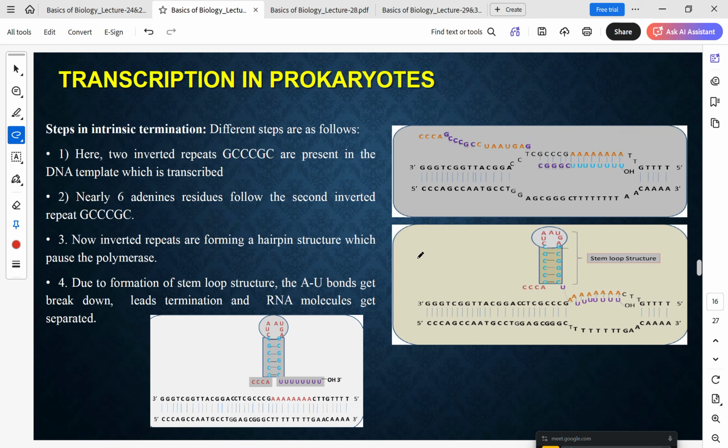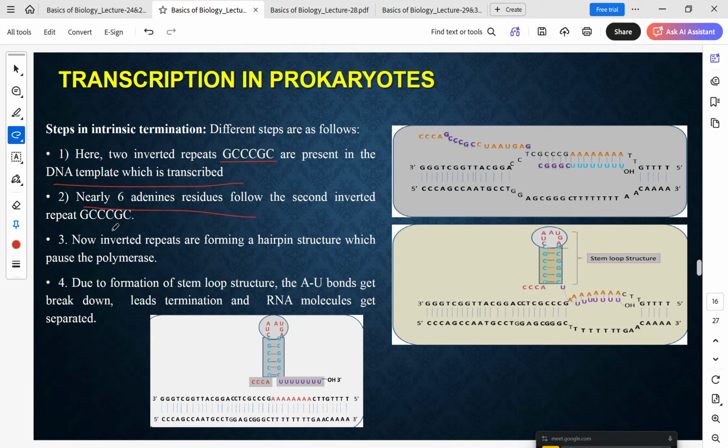So there are different steps within intrinsic termination itself. There should be two inverted repeats of GCC present in the DNA template, which gets transcribed, and 6 adenine residues that follow this sequence.